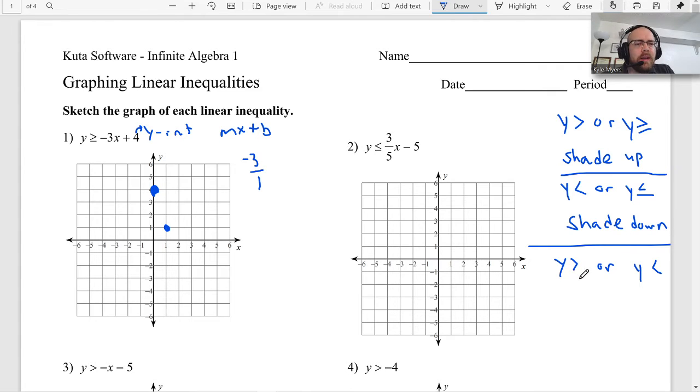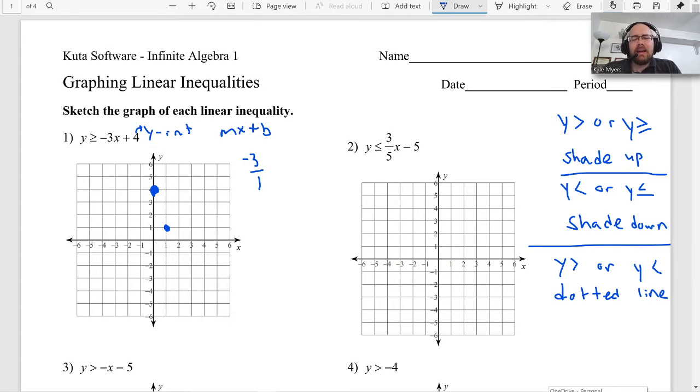Now notice these two both don't have the little horizontal bar, like an equal bar. That means it's not like an equation at all, except that we still put some sort of a line. Well, we put a dotted line. You can do dashes, you can do dots, you can do whatever you want, as long as it's not a solid line.